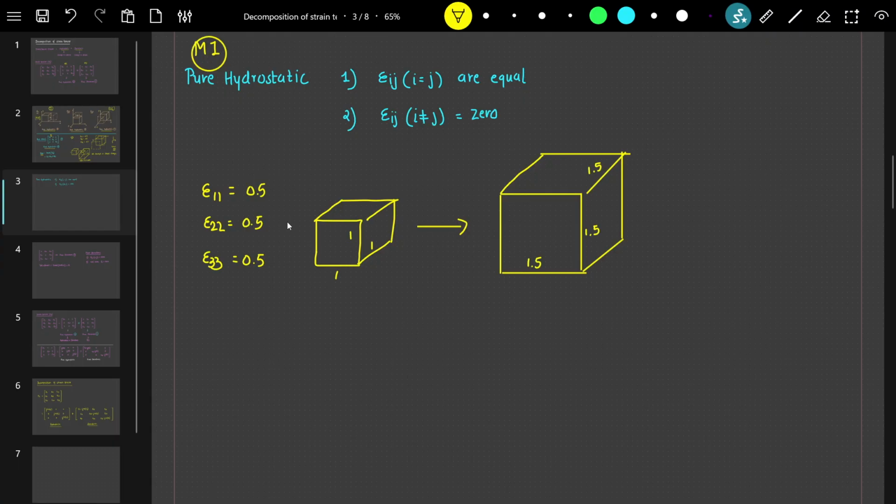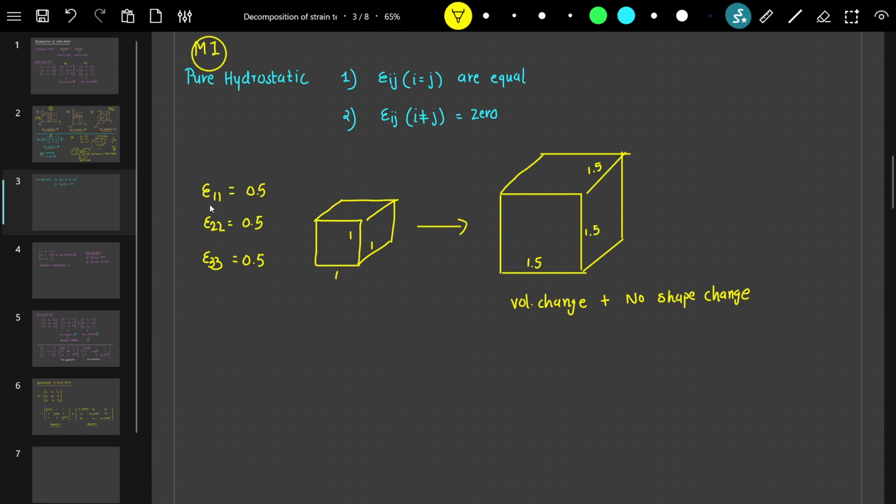So now with this condition we can say this is a volumetric change plus no shape change, because the cube is retaining its shape, that is cube, after deformation.